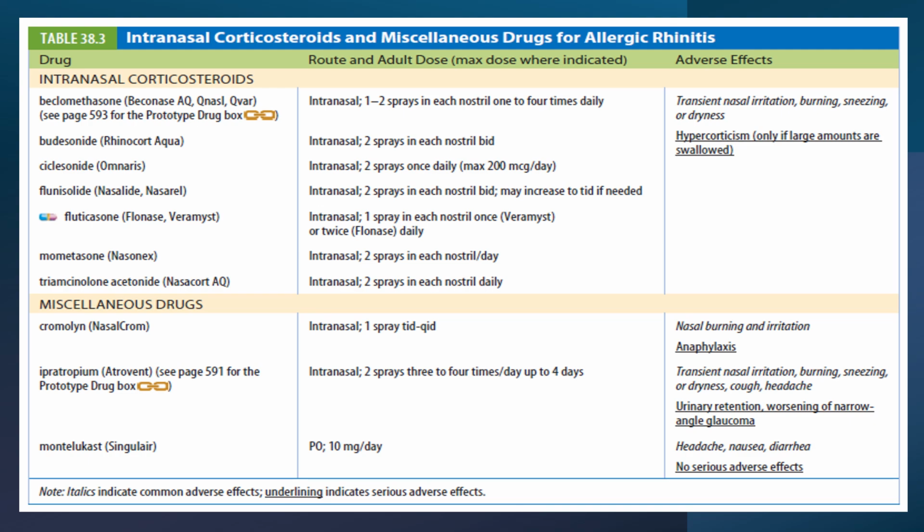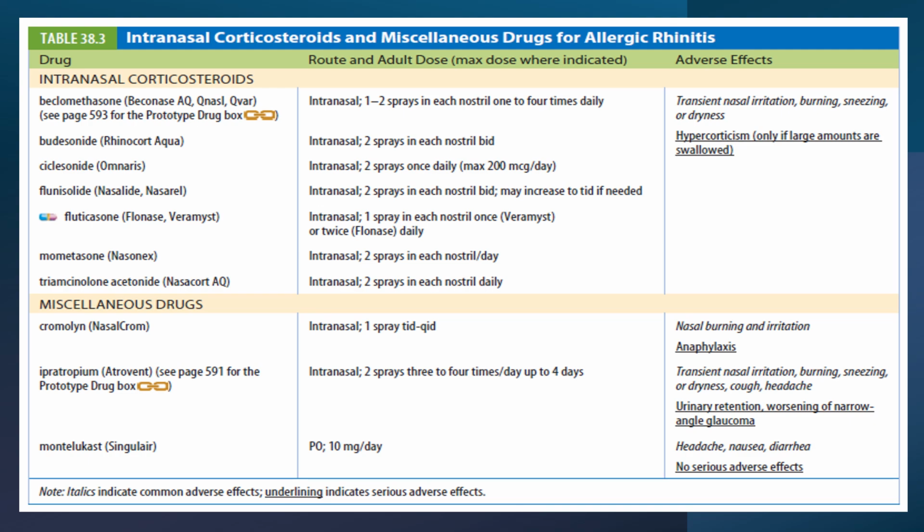There are several alternatives for patients who do not respond to intranasal corticosteroids. For example, intranasal cromolyn. This is approved as an OTC drug, and this is used for the treatment of allergy and cold symptoms. Because it inhibits the release of histamine from mast cells.